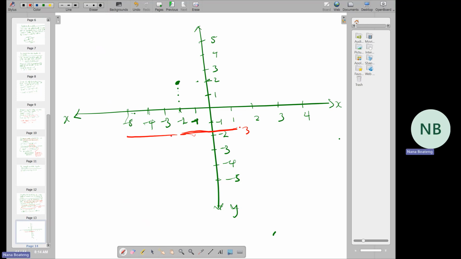So our circle will look something like this on a rough scale. All right. So this is how we graph a circle from the general form to the standard form.